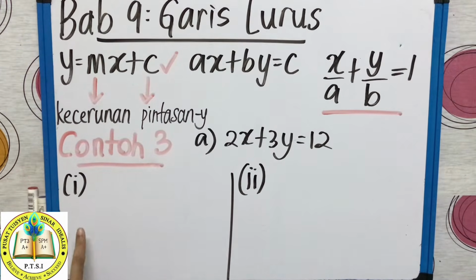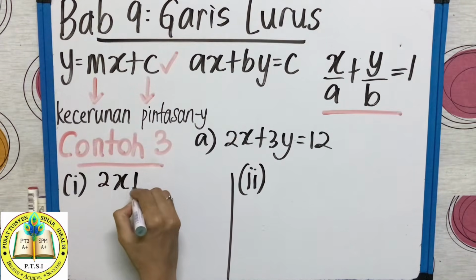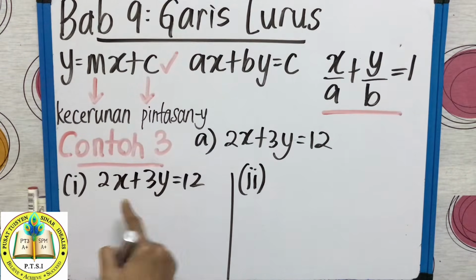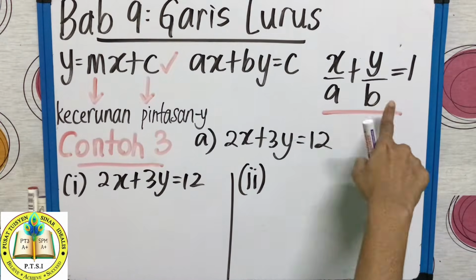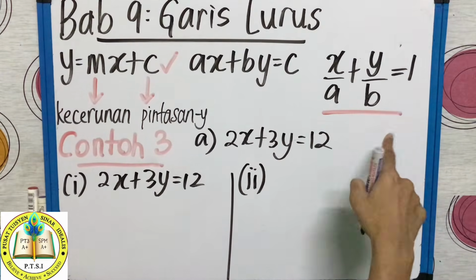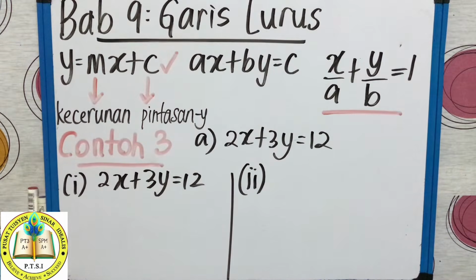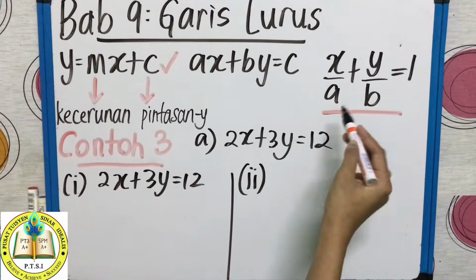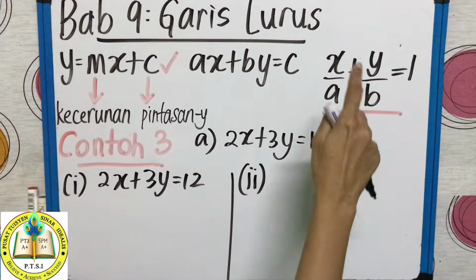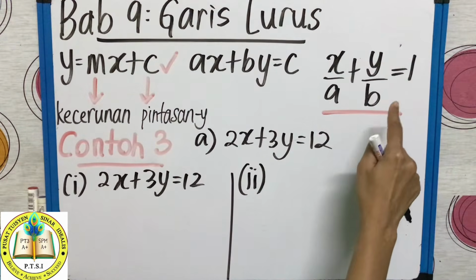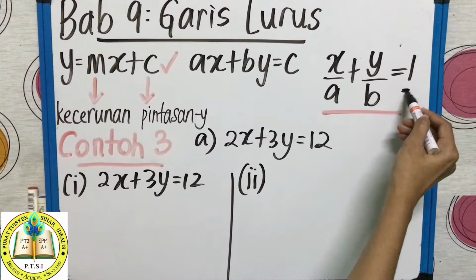So now, Roman 1, okay, 2x plus 3y equal 12. Cikgu tulis di sini. Okay, persamaan ini kamu mesti tukar kepada bentuk pecahan like this, right? So, how will you change that? Okay, kalau pelajar-pelajar nampak dengan jelas, this equation for the first one, x over a tambah y over b equal 1.